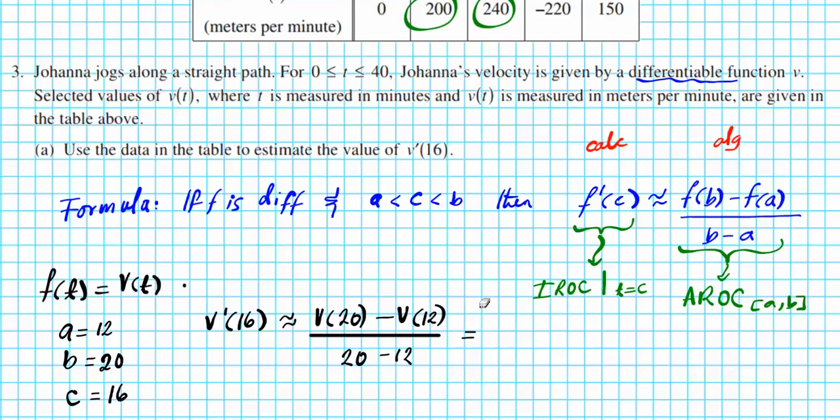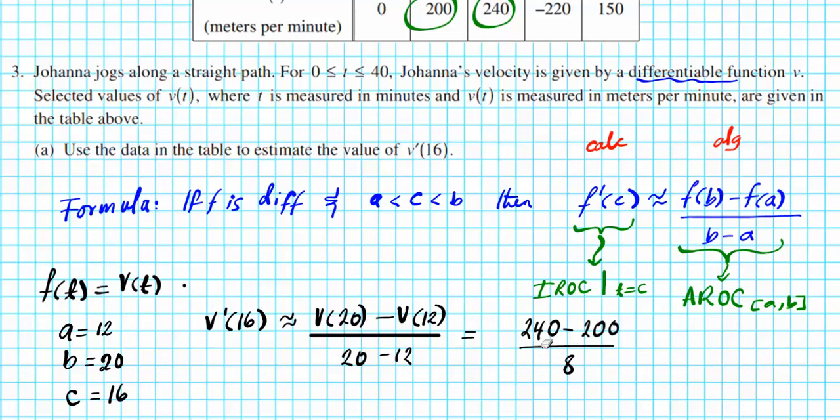Now let's go ahead and use the table to finish this off. V of 20 is 240 minus V of 12, which is 200, divided by 20 minus 12, which is 8. Now, this is a no calculator section.